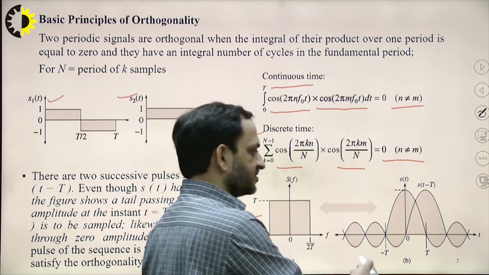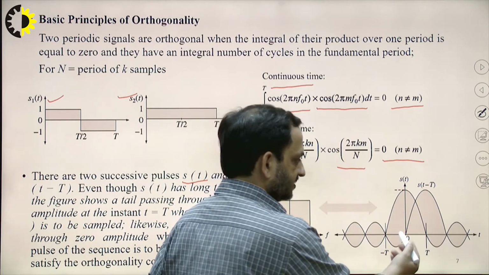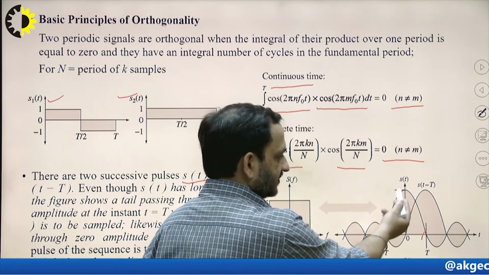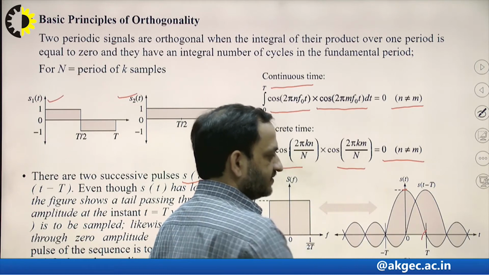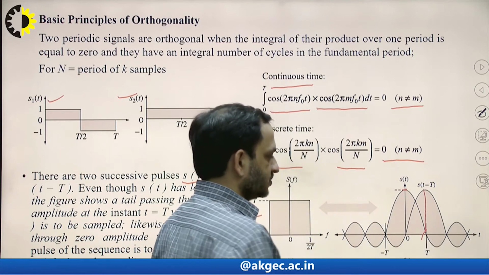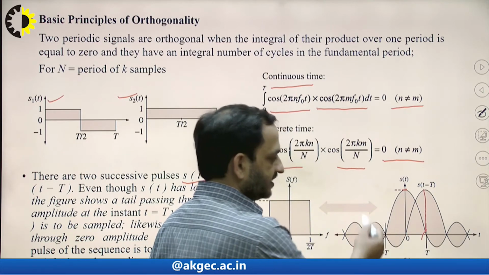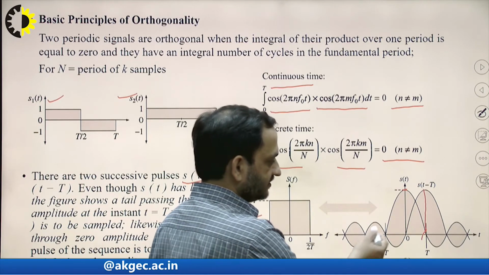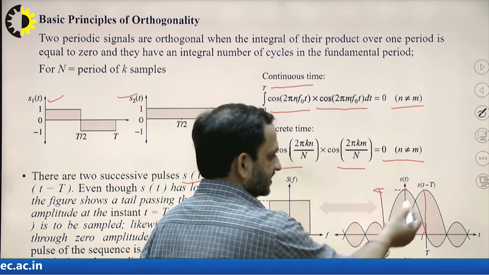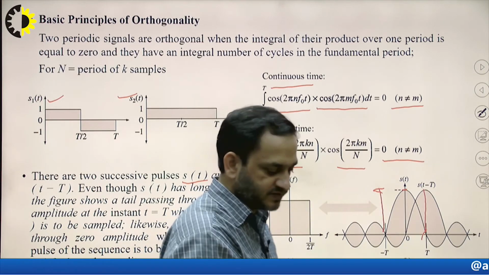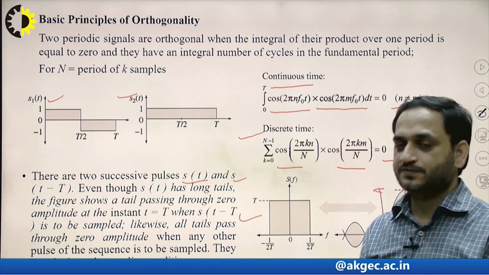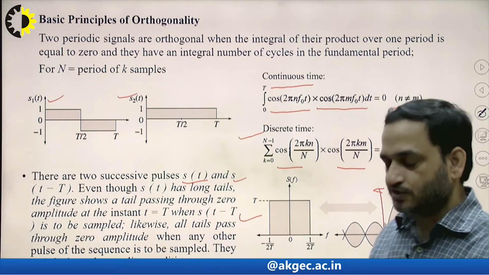This shows that the null point of the first pulse coincides with the peak of the second pulse. If we draw the waveform here itself, the wave passing through this point will be at its maximum. So the null point matches with the highest point of the second pulse, which is the condition for orthogonality.